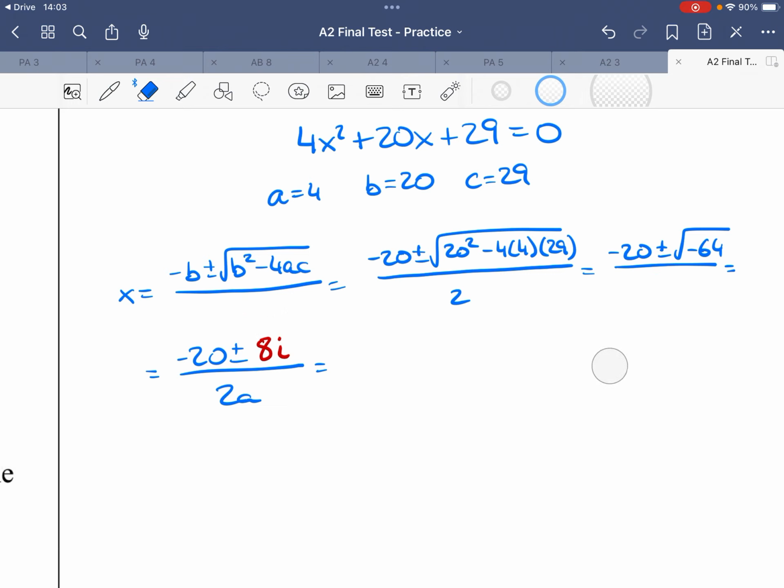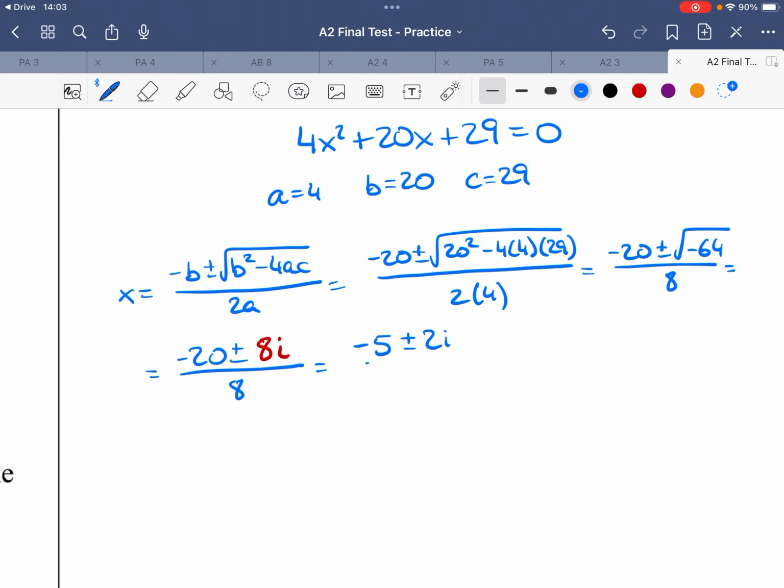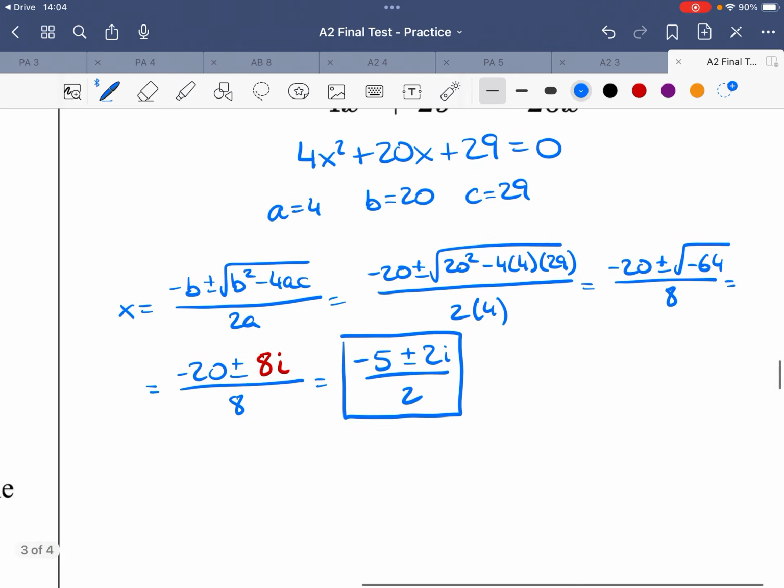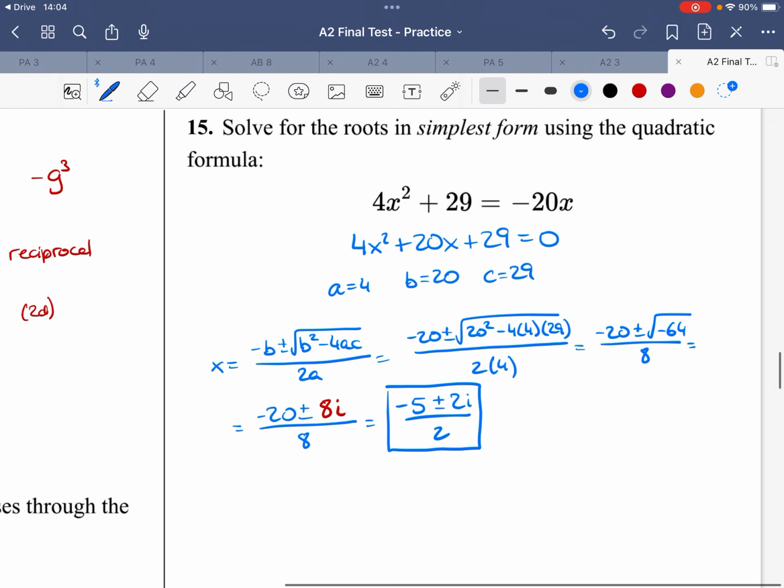I completely forgot to put a. Every time I said 2a here, that could have been a 4. So that's 2a, that's 2 times 4, and then that's an 8, that's an 8. So now in order to simplify a fraction, I'm going to divide everything by 4. 4 is the number that goes into all of those. So negative 5 plus or minus 2i all over 2. And that would be the answer.